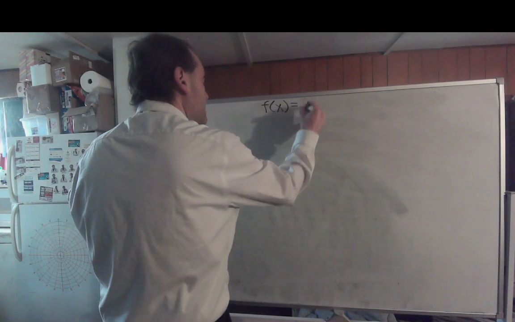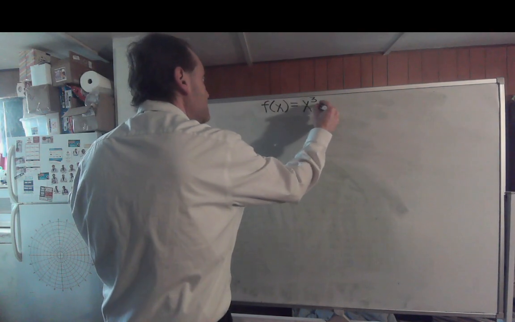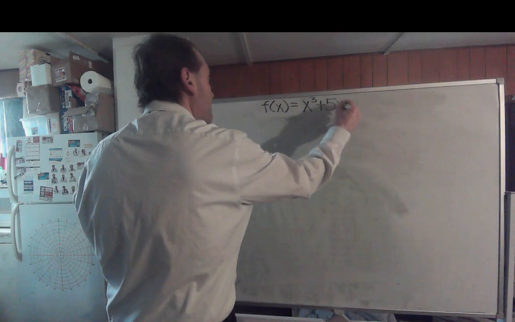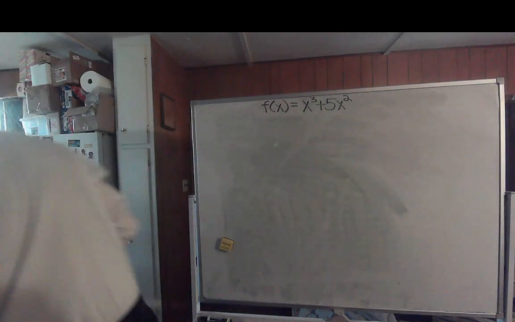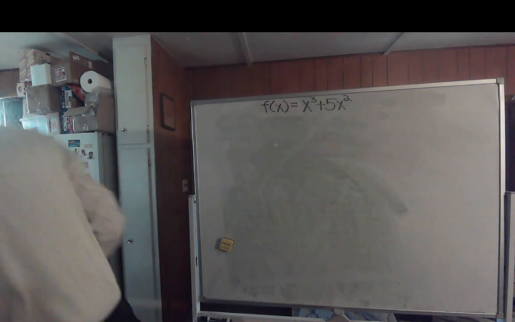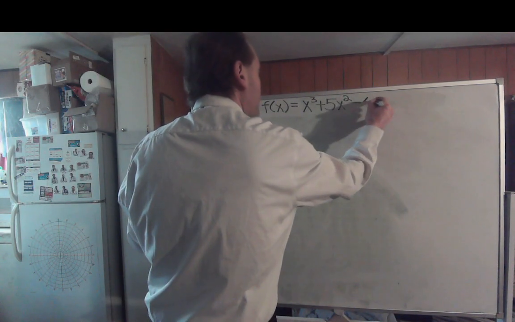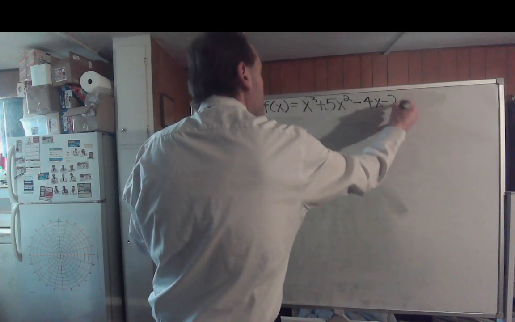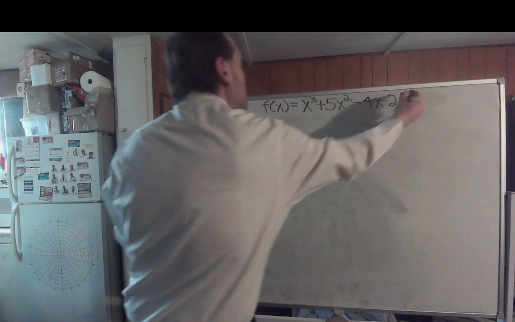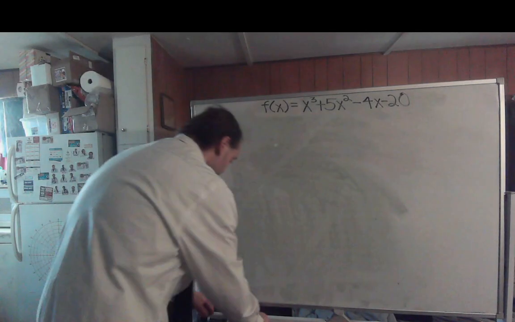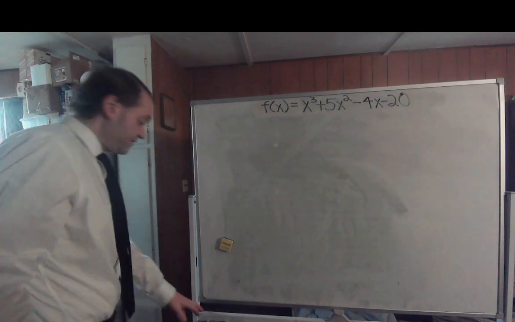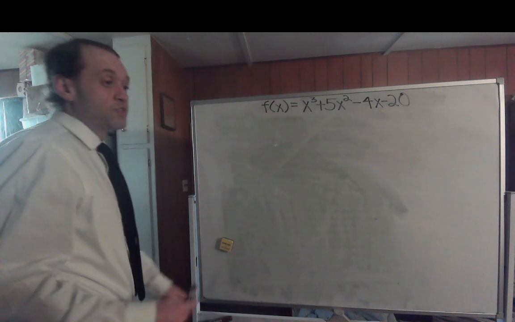Next one, we have x to the third plus 5x squared minus 4x minus 20. All right. So we have f of x equals x to the third plus 5x squared minus 4x minus 20.